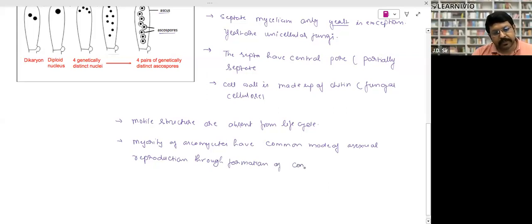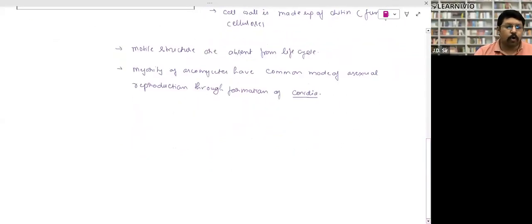Conidia are a type of asexual spores, and they grow on conidiophore. Let me draw the structure.